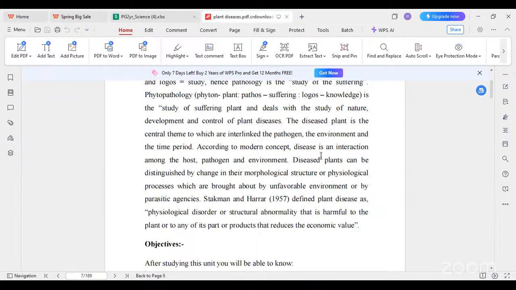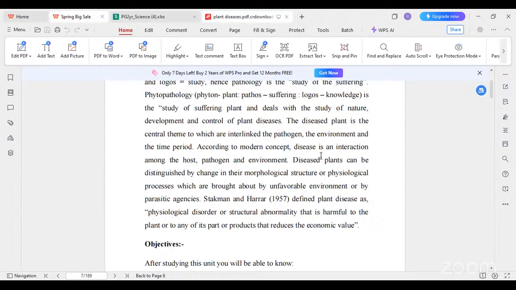The diseased plant is the central theme to which the pathogen, the environment, and the time period are interlinked. According to the modern concept, disease is an interaction among the host, pathogen, and environment. Diseases can be brought about by an unfavorable environment or by parasitic agents.